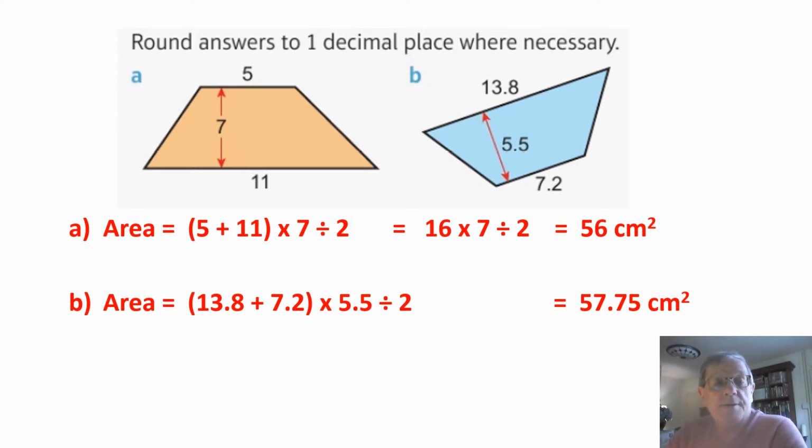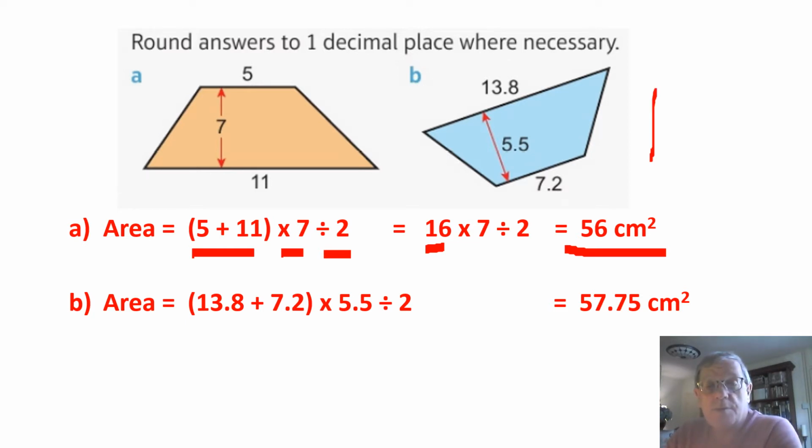A, the area is the short add the long, 5 add 11, times by the distance between them, 7, and divided by 2. 5 add 11 is 16, times 7, divided by 2 gives me an answer of 56 square centimeters. Similarly, on the second one, the area is the short add the long, 13.8 add 7.2, times 5.5, the distance between them, divided by 2, and the answer is 57.75 square centimeters.